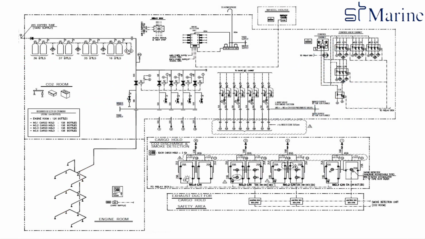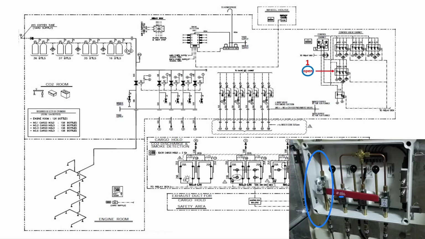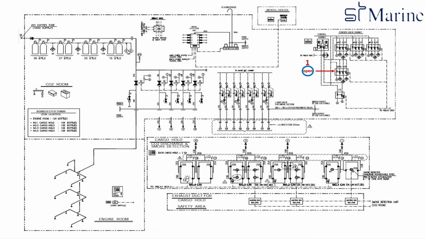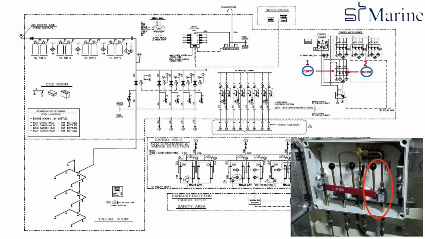Okay, now we can see this principle for the cargo holds firefighting system. Some items are the same as the engine room, and there are some differences. From the valve control cabinet, we can select the number of cylinders.